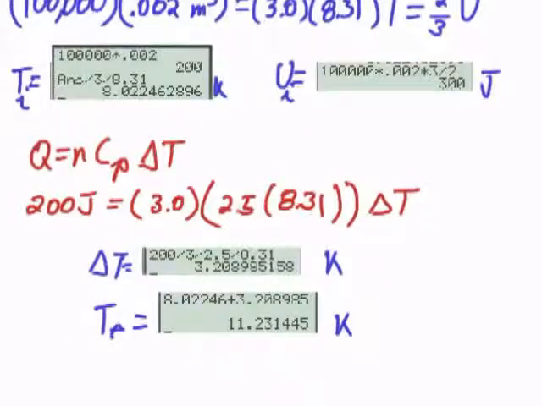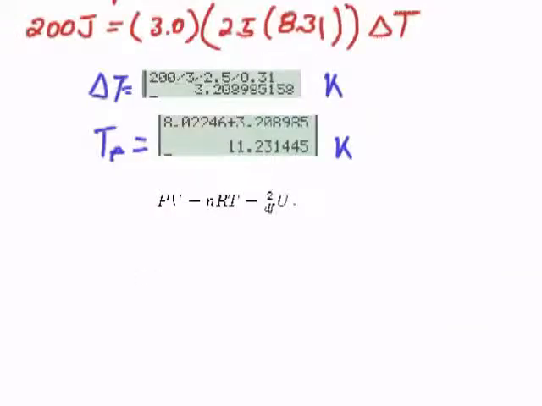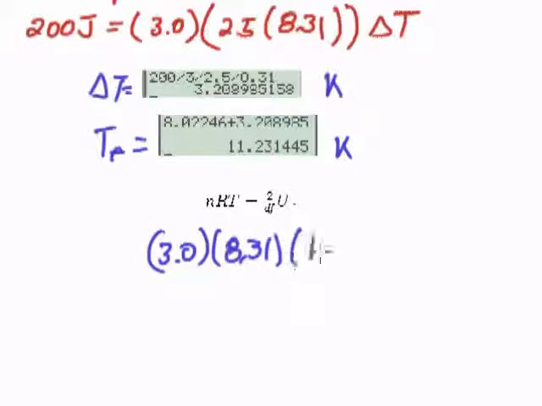Now we can find U final by using nRT equals 2 over degrees of freedom U. Probably makes more sense to just use the nRT part, which would be 3.0 moles times 8.31 times our new temperature of 11.23 equals 2 over degrees of freedom. Let's put that over here.